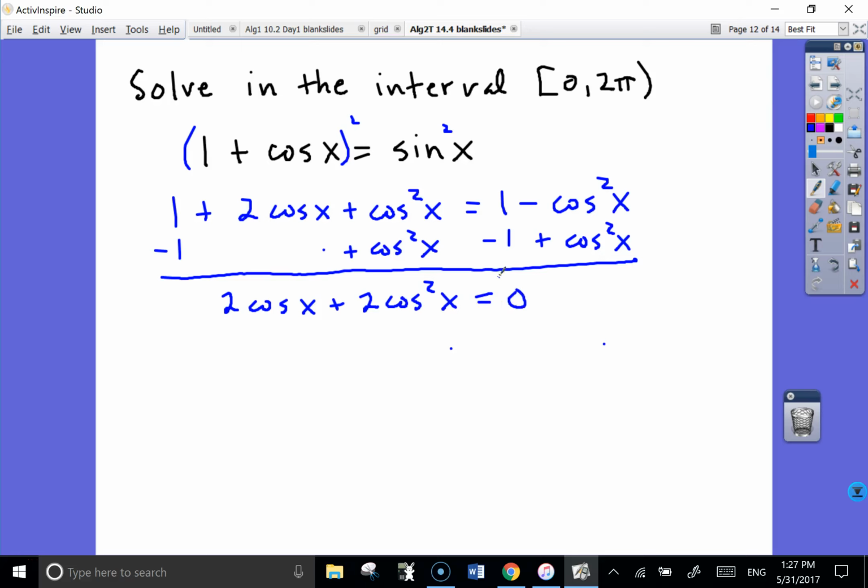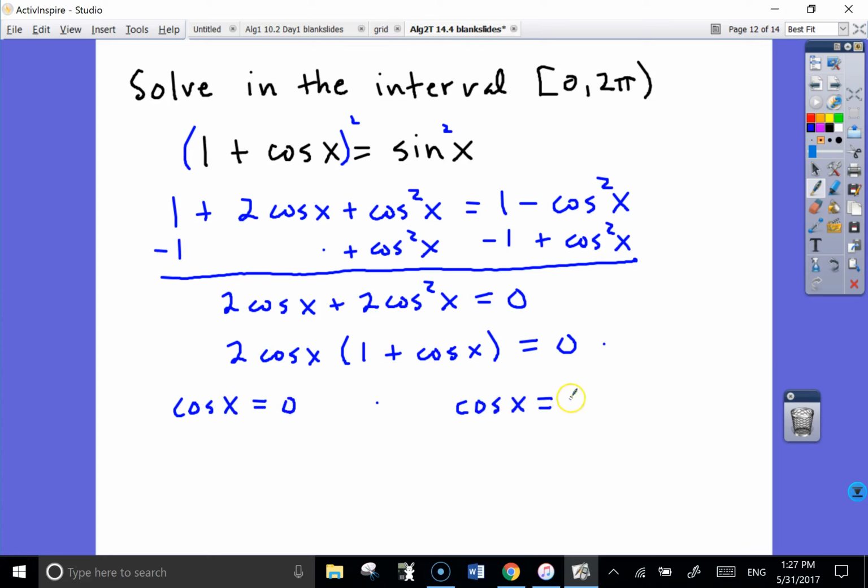And that is factorable. Take out a 2 cosine x, and then I've got 1 plus cosine x. So either cosine x equals 0, or cosine x equals negative 1.